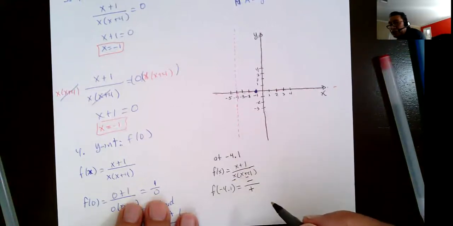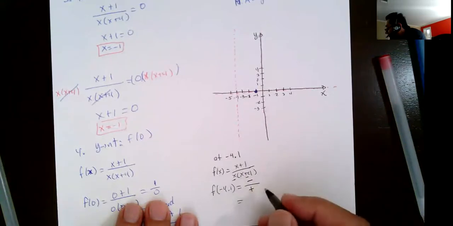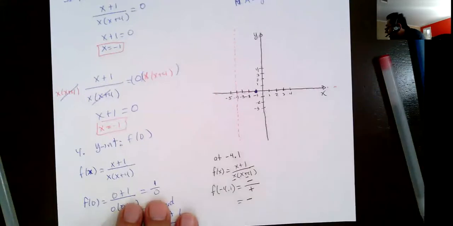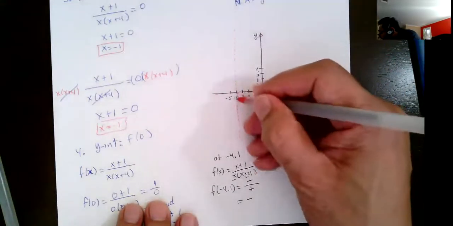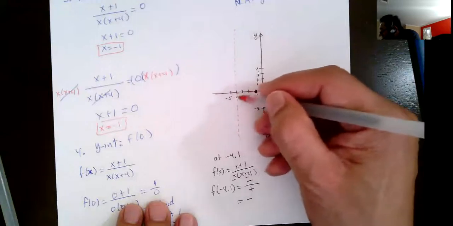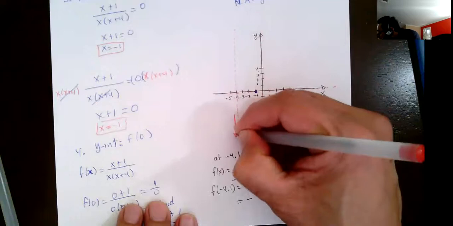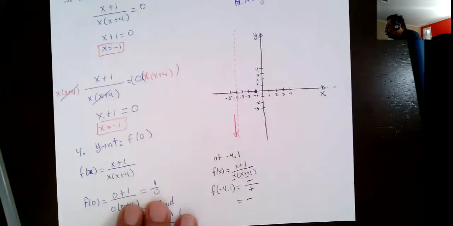Is that clear? So now, what is a negative divided by a positive? It's negative, right? Everybody. This negative tells us that the graph on the left of -4 goes down. That's what it tells us right there. Is that clear?